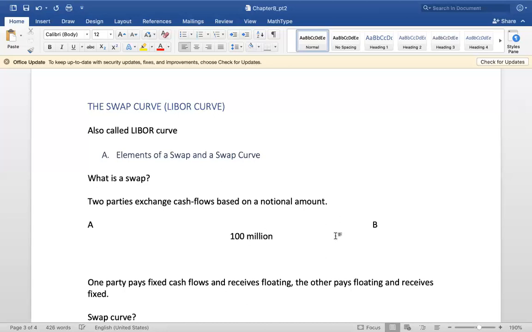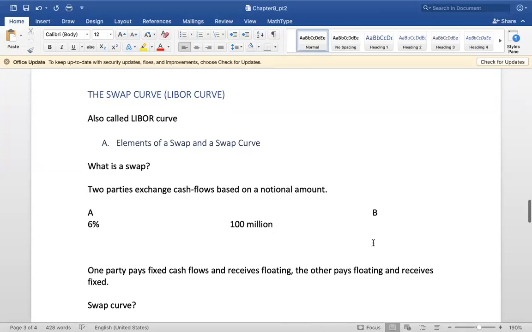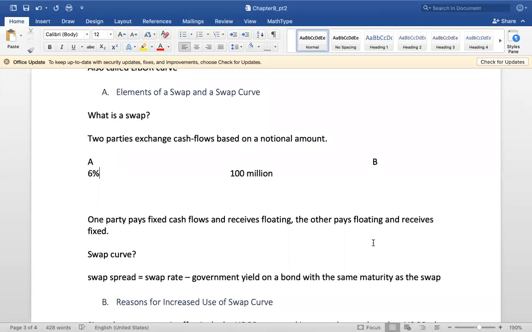One party is paying the fixed rate and receiving the floating rate. Let's suppose party A is paying 6% and receiving the floating rate, while party B will be paying the floating rate and receiving the fixed rate.